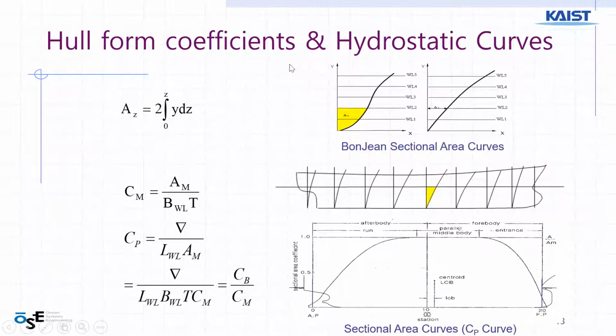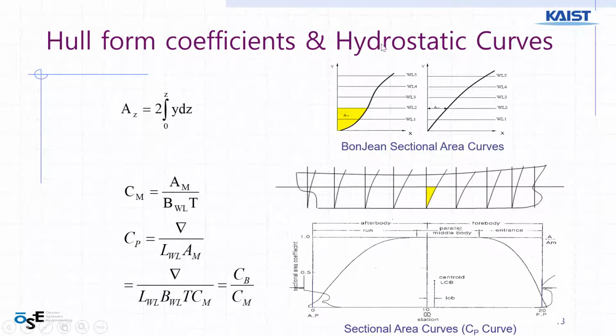So this one is the Bonjean sectional area curves. For each section or station, they calculate the area. This is a sectional shape of the hull, the skin shape at some position along the length. This one is another position. And then there is the water line, the draft line, let me say water line 2, which can be the design draft line for this ship.